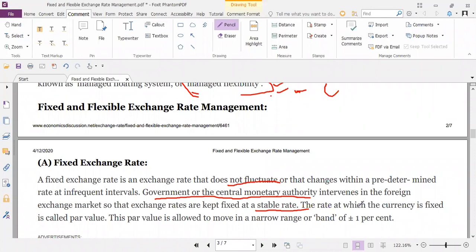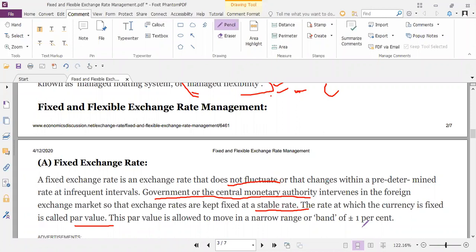The rate at which the currency is fixed is called par value. This par value is allowed to move in a narrow range or band of plus or minus 1%. So there is always in economics this range. Even when we look at the fiscal deficit and all, they give you the range like this, plus or minus 1 or 2 or 3%, but they never give you the fixed percent, right?